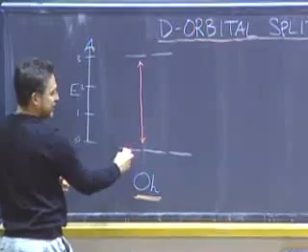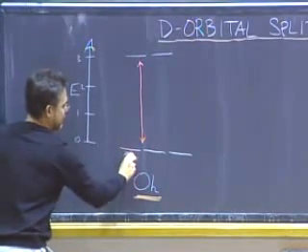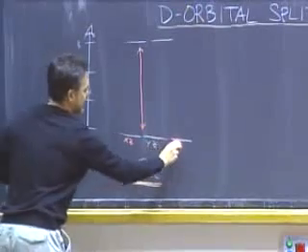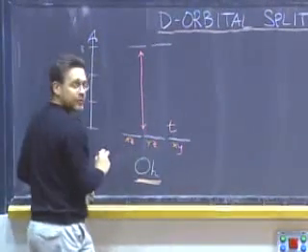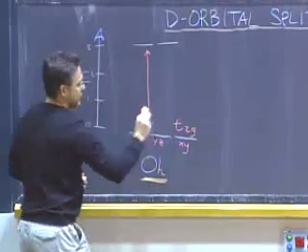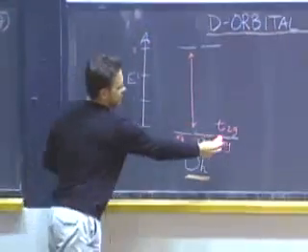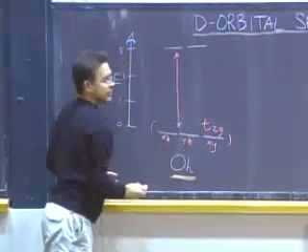We have a triply degenerate set of orbitals, which we recognize as xz, yz, and xy. And the name that we give to that triply degenerate set is T2G. Okay? This T2G triply degenerate set, so this whole set is the T2G set.